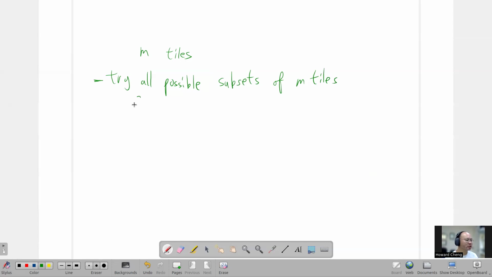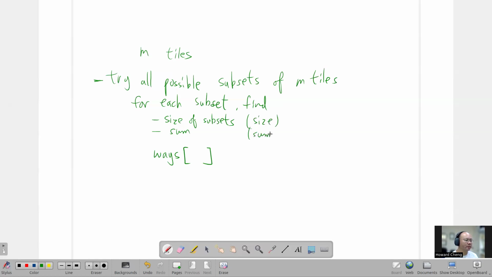Try all possible subsets, and for each subset find the size of the subset and the sum. And we'll say that the number of ways to form a certain sum with a certain size of subset, plus plus.